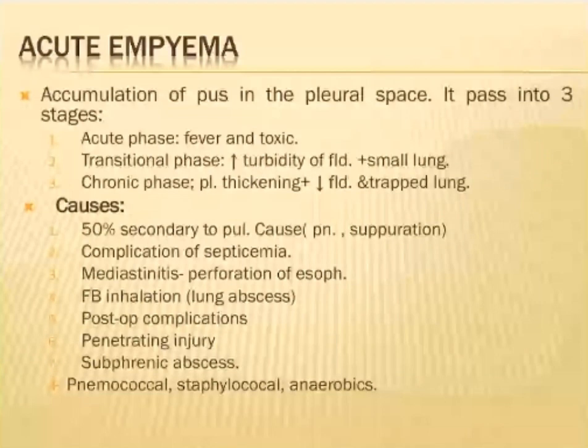Or maybe a post-operative complication due to an infected thoracotomy, or a penetrating injury, either by stab wound or by bullet injury or shrapnel. These may have soiled material coming inside the pleural cavity, leading to formation of the empyema.